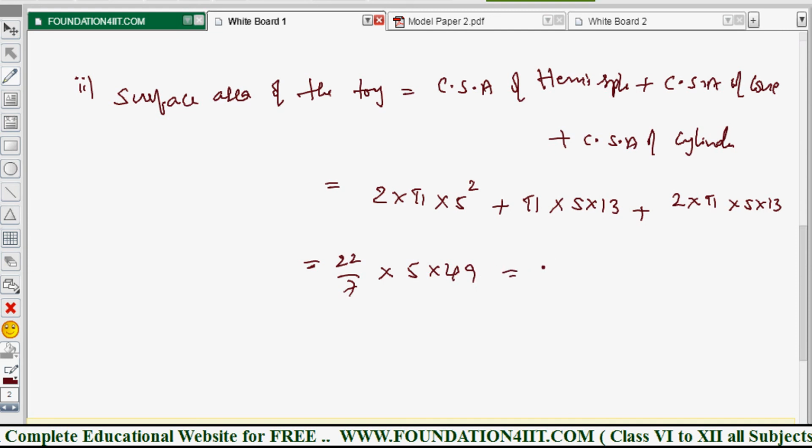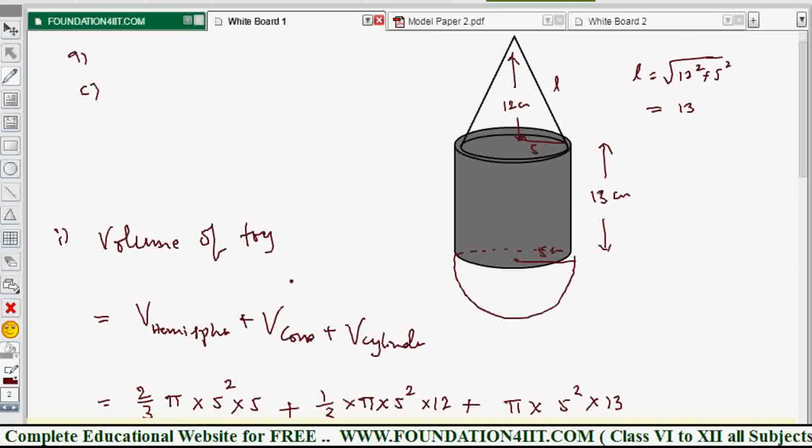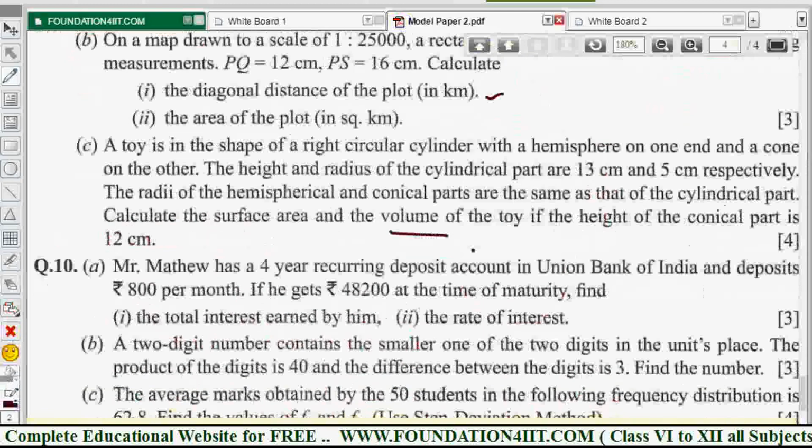And take this simplification, 7 ones are 7, 7 sevens are 22 into 5 into 7. So 22 into 7 fives is 35. That is 770 square centimeters. Okay. Then this is the value of the CSA and volume. We can find both values. Take the diagrams clearly. Now this is question number 9.